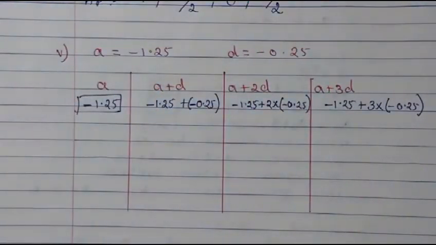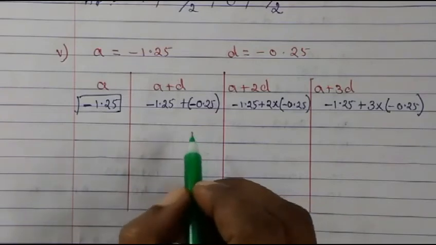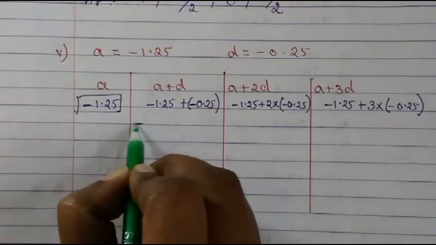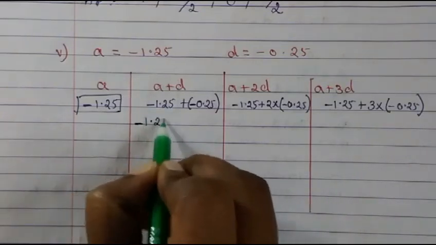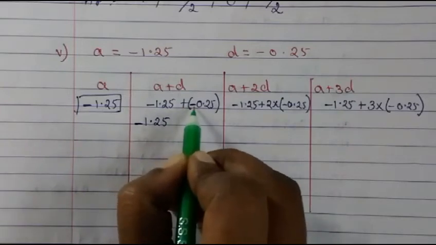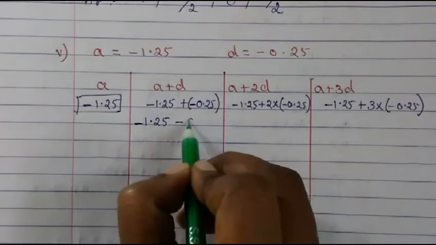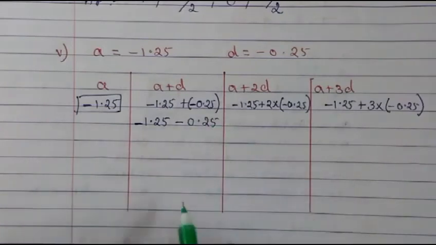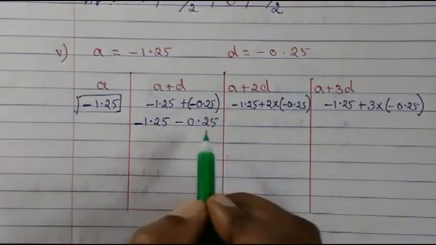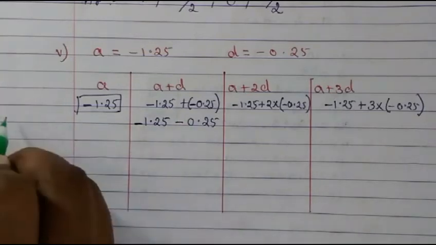So let me put the line here so that you don't get mixed up, just to separate them. Okay. So now this value remains the same. So now here we have minus 1.25 plus into minus will become minus, then we have 0.25. So then minus and minus we normally add them. So I'll show you here.